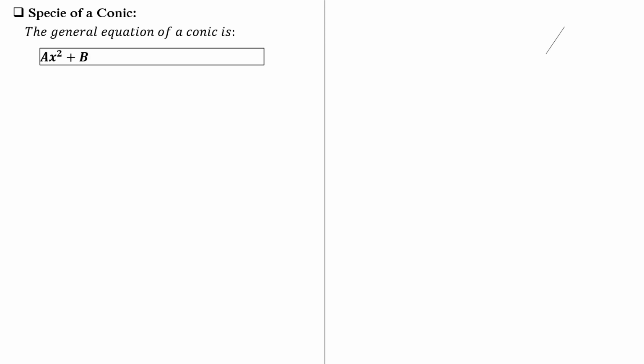So first, let's have species of a conic. The general equation of a conic is a second degree equation, and it is defined by ax squared plus bxy plus cy squared plus dx plus ey plus f equals 0. So that's the general equation of a conic.